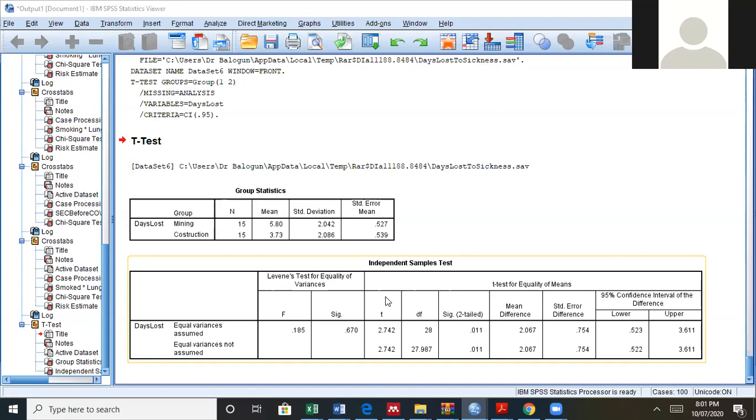Now, we said the standard error is determined by sample size. When you increase your sample size, it reduces your standard error. It makes your estimate closer to the parameter.